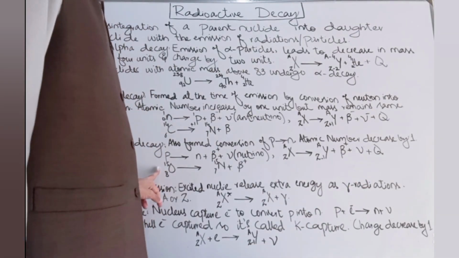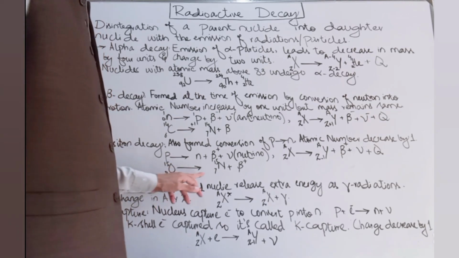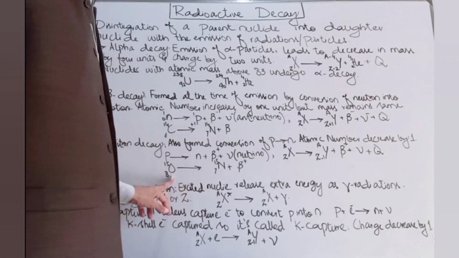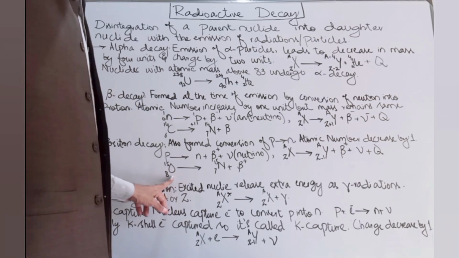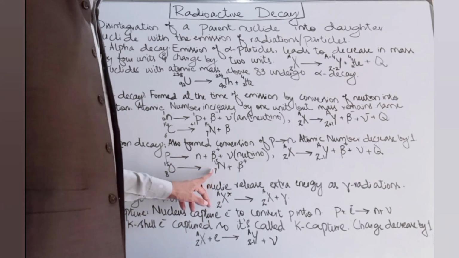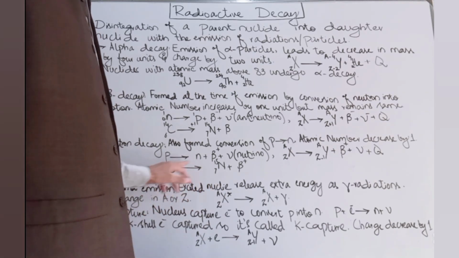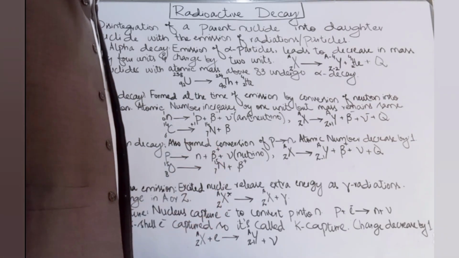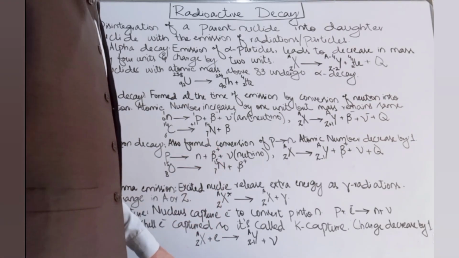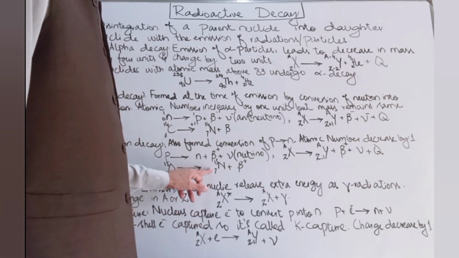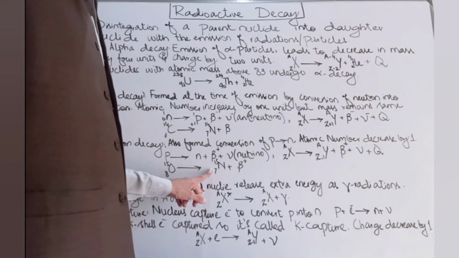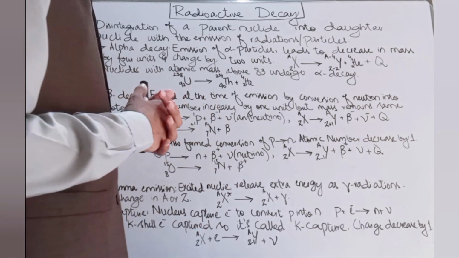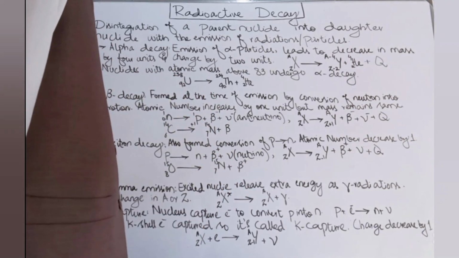An isotope of oxygen, O-15, undergoes positron emission, as a result of which its atomic number decreases by 1 unit, but the mass remains the same. 15 is the same. The element with atomic number 7 is nitrogen, so again another isotope of nitrogen is formed, and beta plus shows the release of the positron.